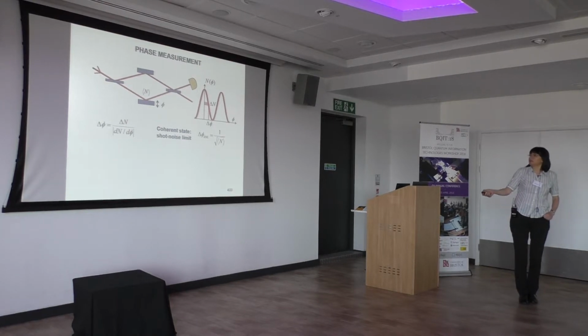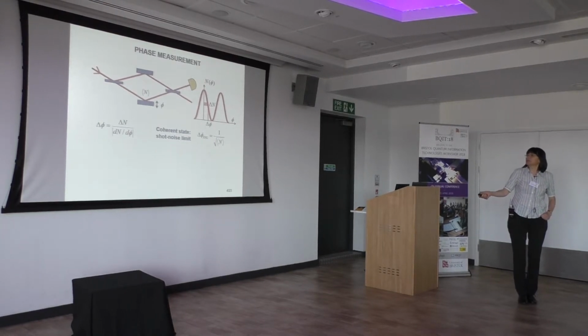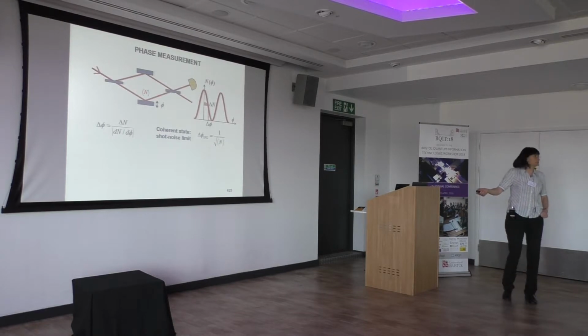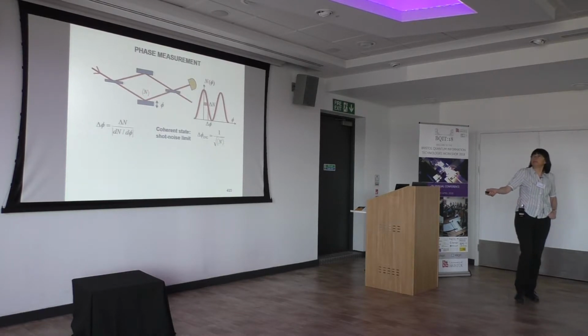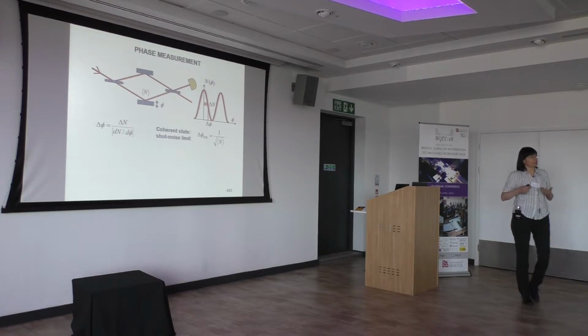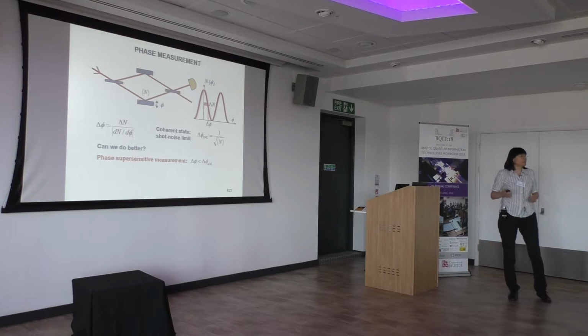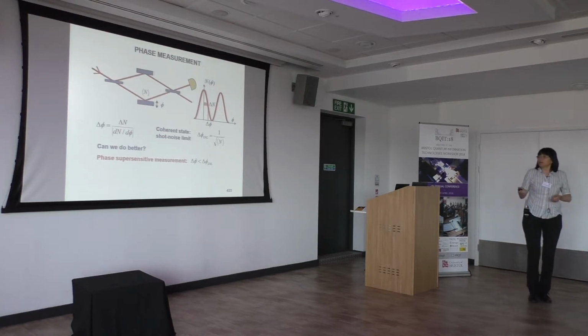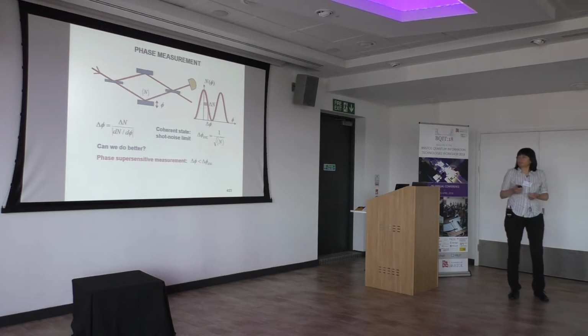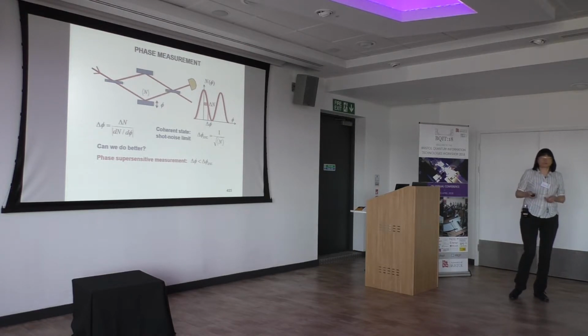This shot noise limit is just 1 over the square root of the mean number of photons in the interferometer, the mean number of photons hitting some element that is displaced. Can we do better? Yes, quantum optics says that we can. The ultimate limit in quantum optics can be lower than the shot noise limit, and it's called the Heisenberg limit.